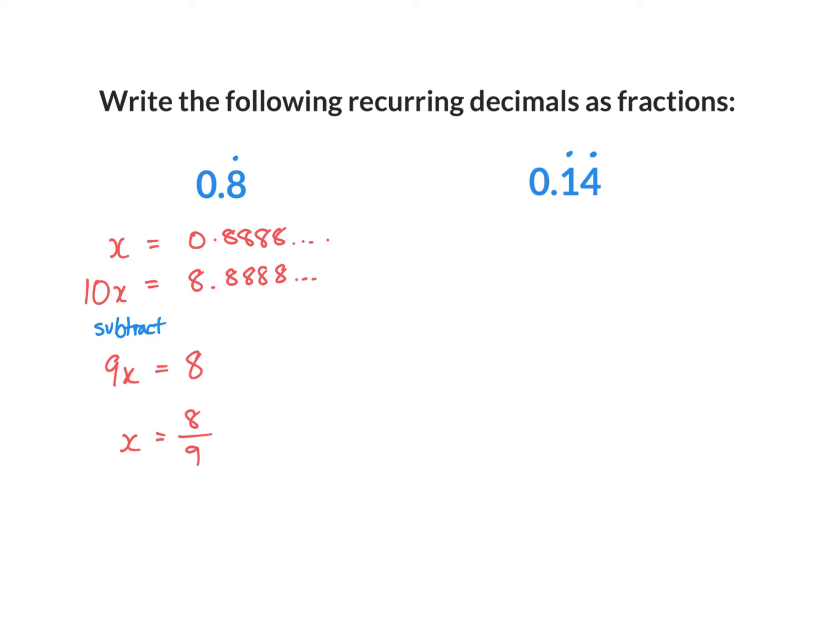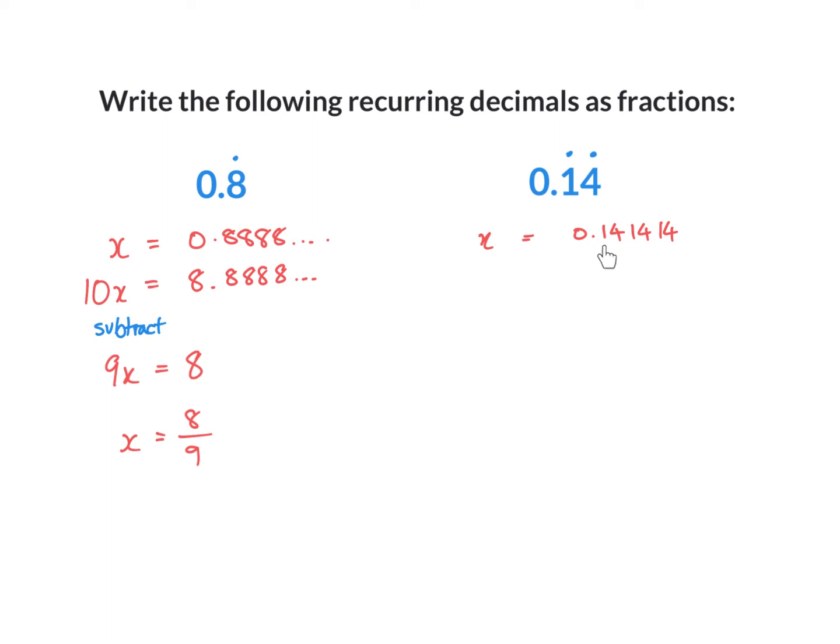Something similar can be done with this one, 0.14 recurring. And you'll see here that there are 2 dots, over the 1 and over the 4. And that's saying that they are both repeated. So my value x here is 0.141414. Now this time, when I multiply by a power of 10, I want to multiply by 100.